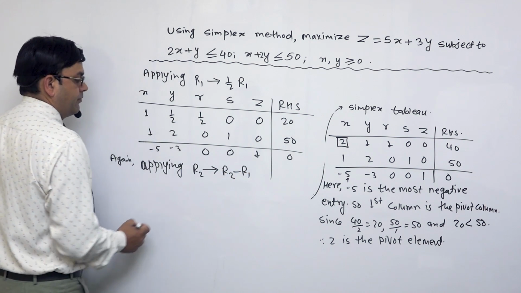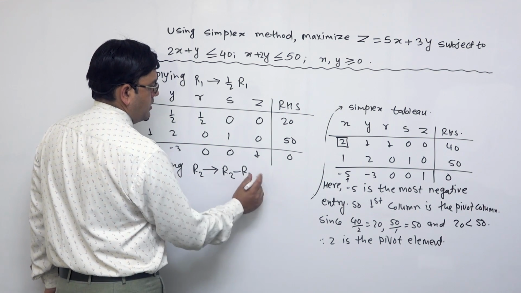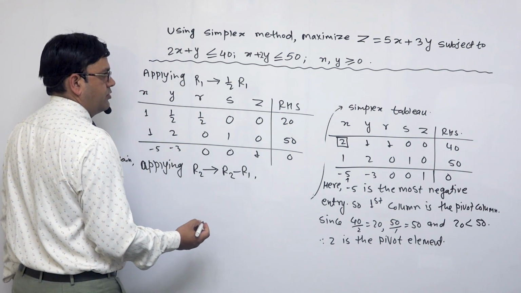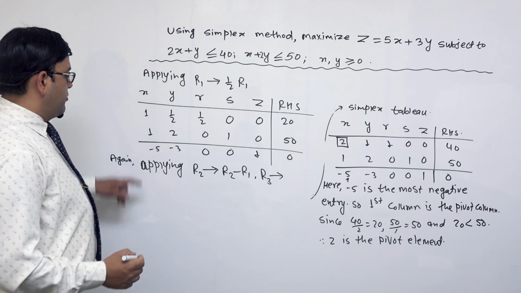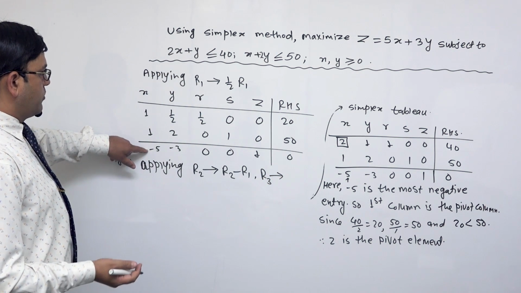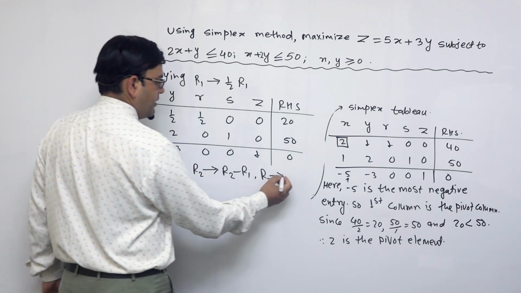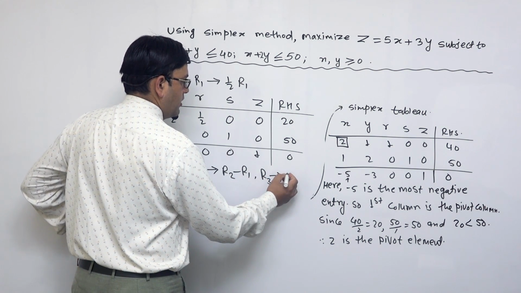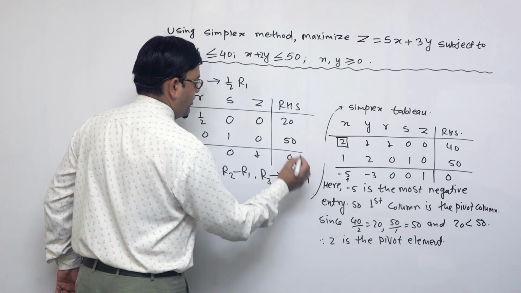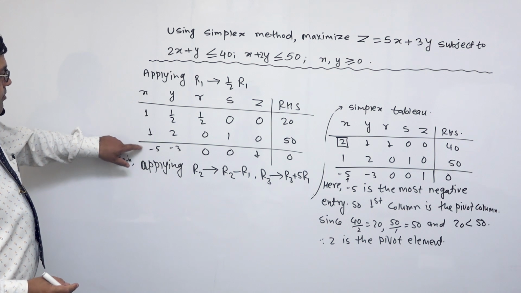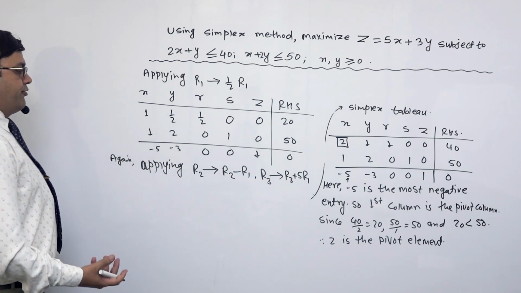Similarly again, R3 changes into R3 plus 5 R1, because we have to make -5 into 0. See what happens: R3 is -5 plus 5 times 1 is plus 5. So -5 plus 5 will be 0.